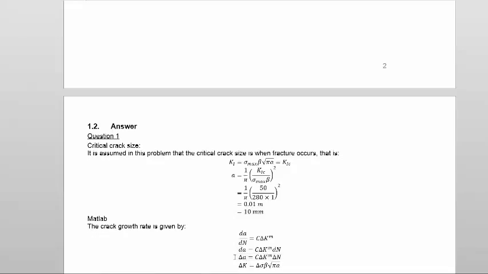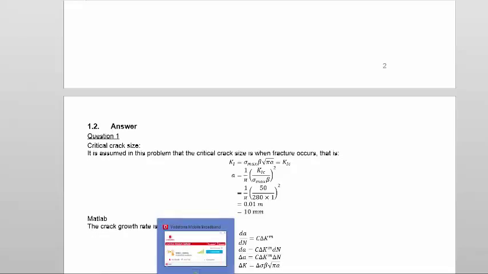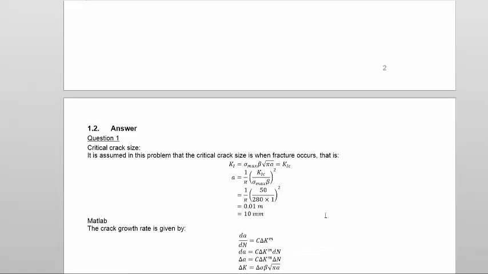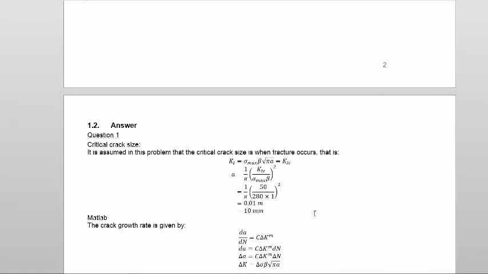Then we know what the crack size is after one block. We repeat this process until we reach a crack size of A equal to the critical crack size, 10 millimeter. And that's the process.